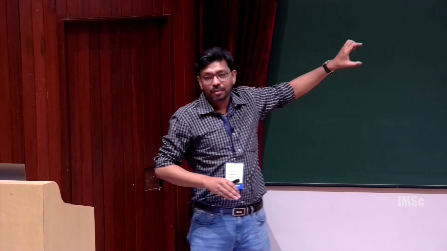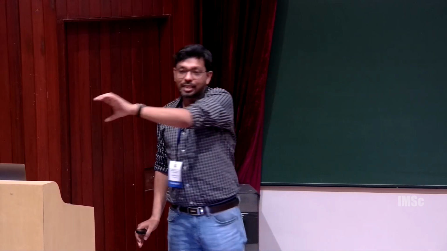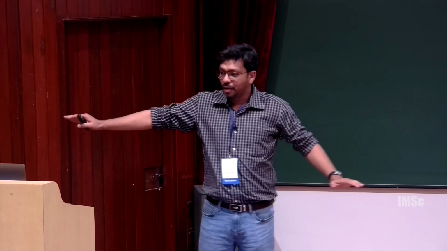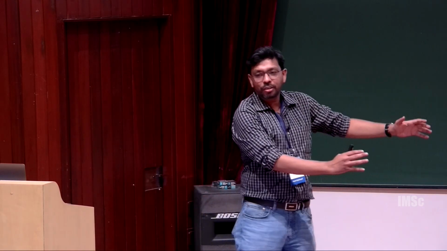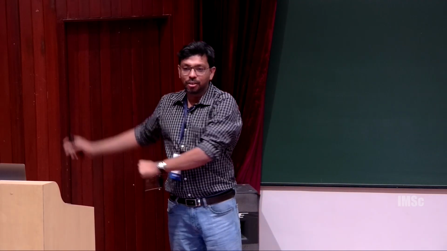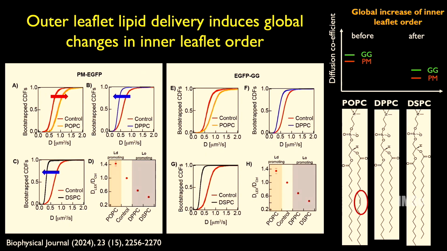This time, since I am changing the outer leaflet on a global scale, I am seeing a global impact. Either the membrane is entirely becoming ordered or the whole inner leaflet is becoming disordered. And so my system is now prepared before stimulation in a resting condition. The system is prepared either disordered or ordered.